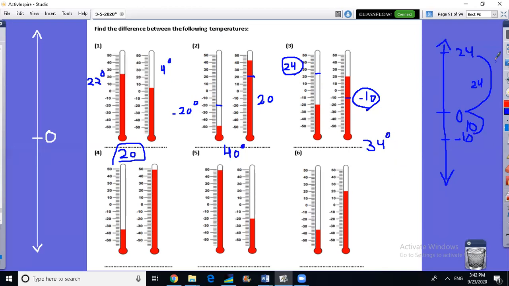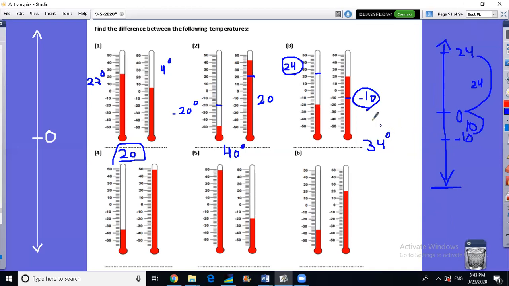Please, you have to use this technique, whether you imagine the number line or draw it. It's going to be much better if you get used to imagining it and doing it mentally to save time. But at the same time, we don't want to make mistakes because we're doing it fast.